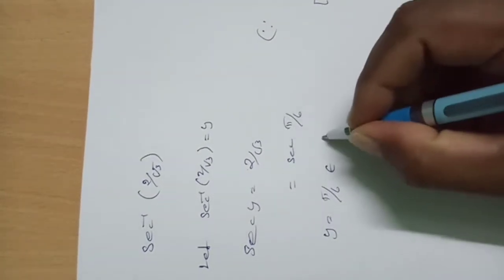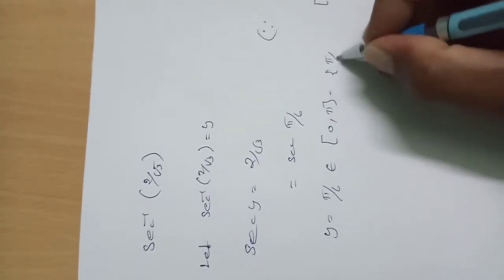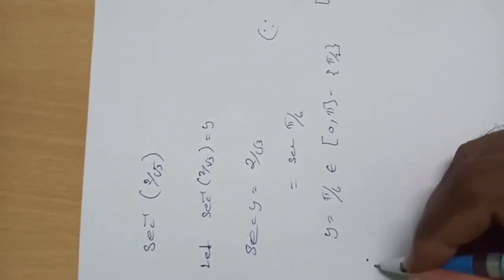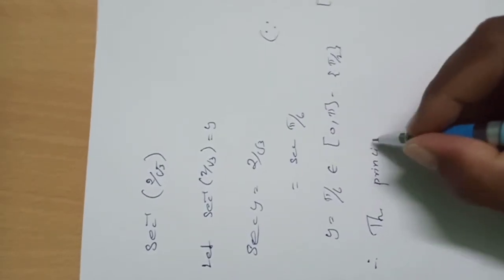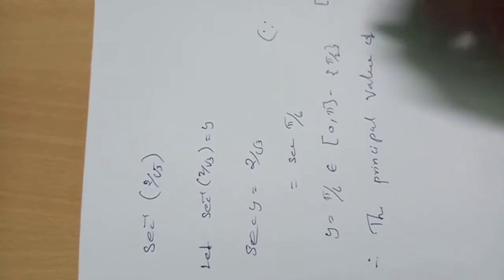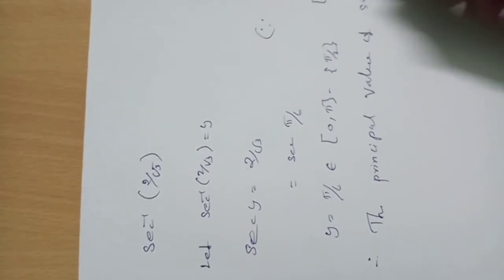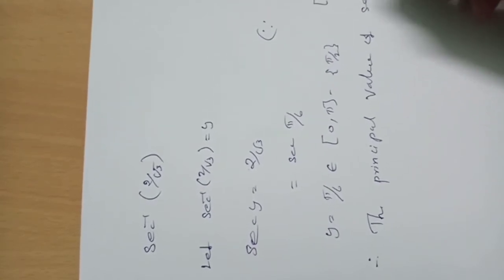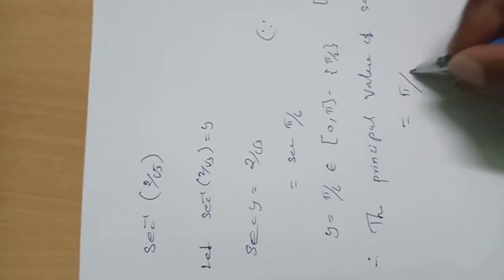This belongs to 0, pi minus singleton pi by 2. Therefore, the principal value of secant inverse of 2 by root 3 is equal to pi by 6.